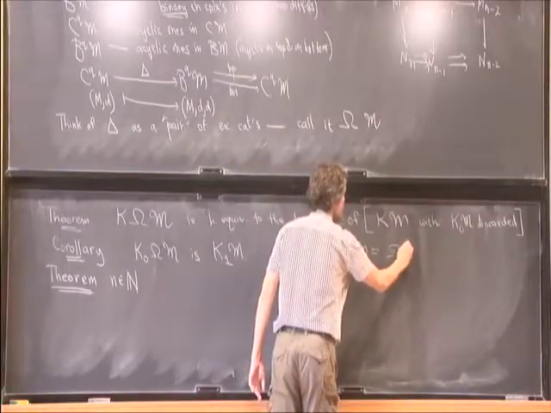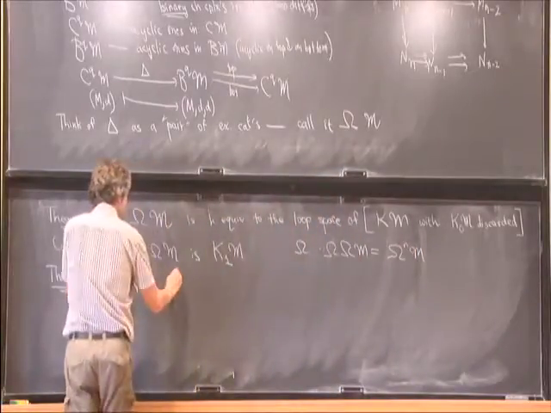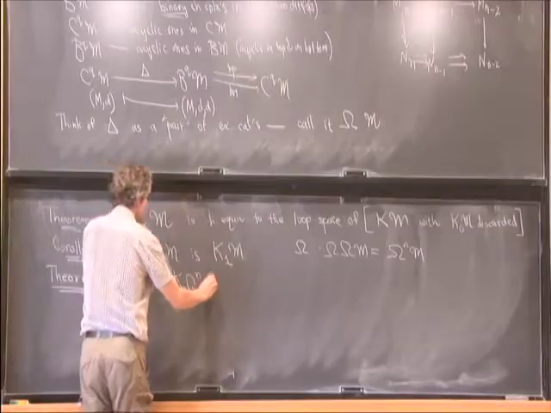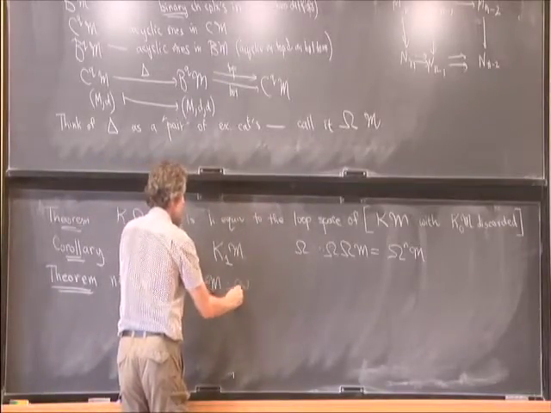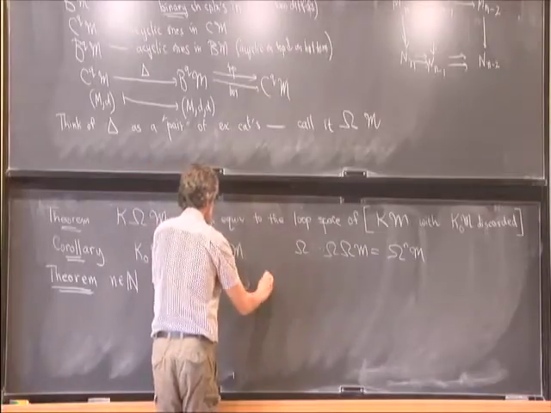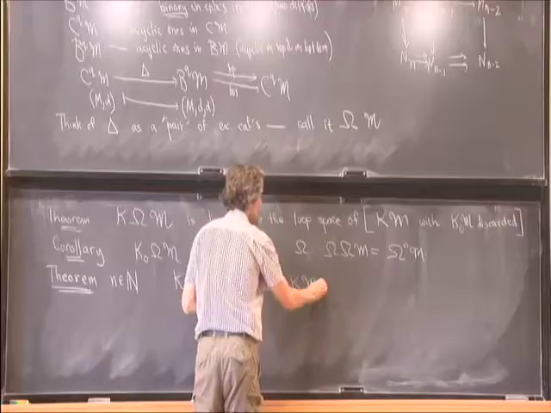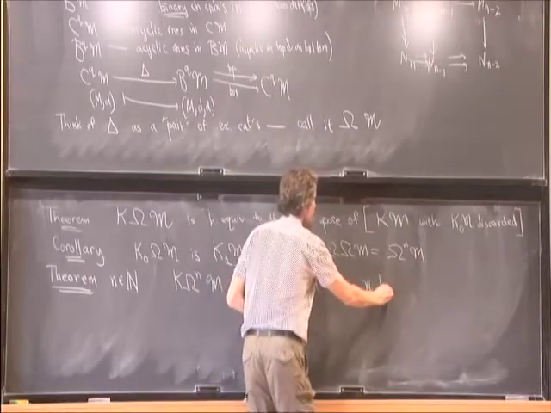And let's call the result omega to the n of M. And so, repeating it, this thing is homotopy equivalent to the nth loop space of the K-theory of M with n homotopy groups removed.